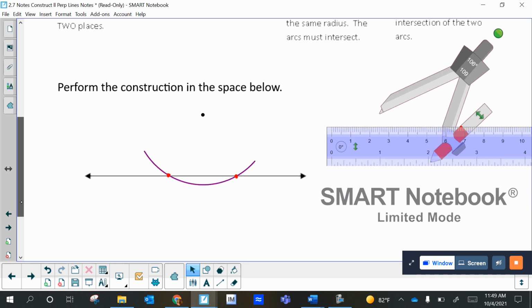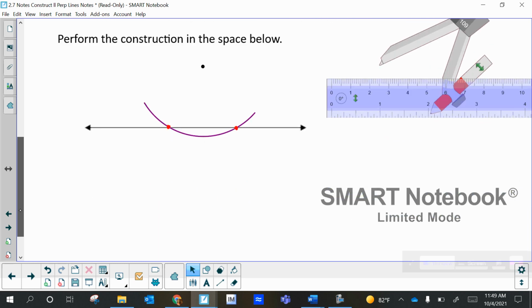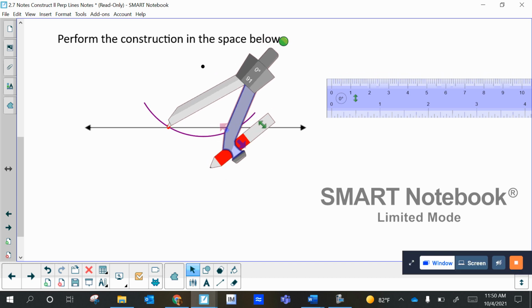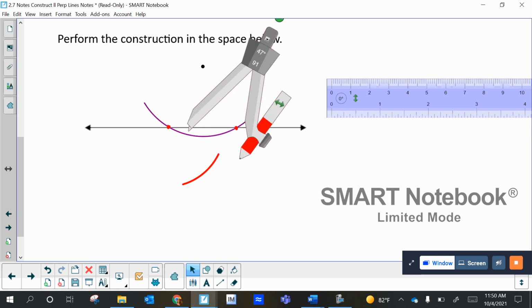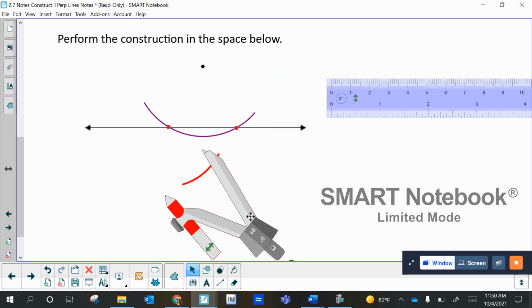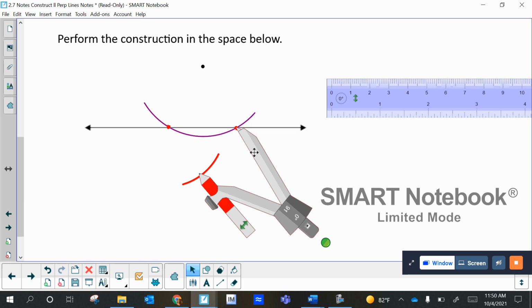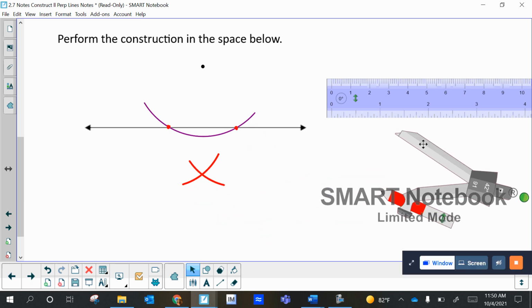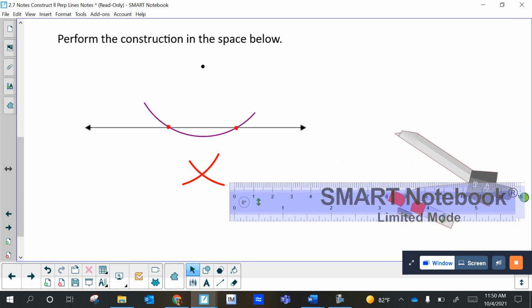So what do I have to do with those points? I have to place my compass on there. It doesn't really matter the size of your compass, it just can't be too small. So I'm going to make an arc right here from that red dot, and then I'm going to come over to this red dot, make another arc, and there's my 3 arcs. That's all you have to do.